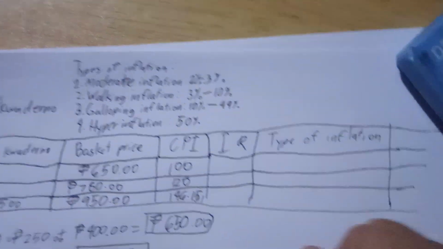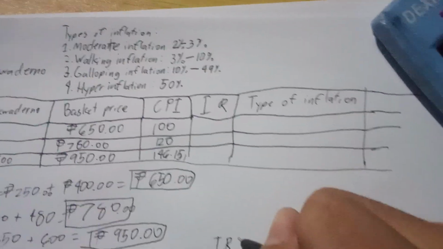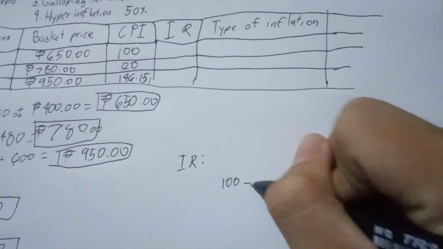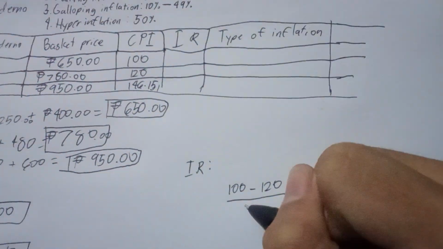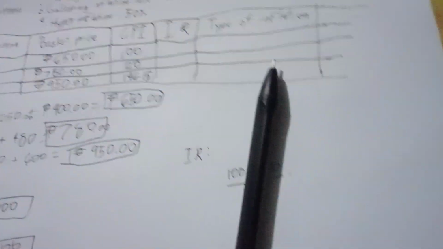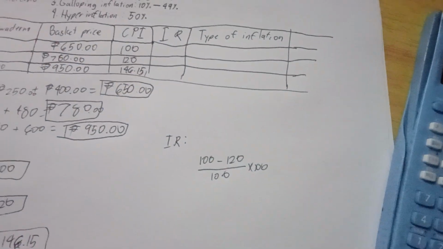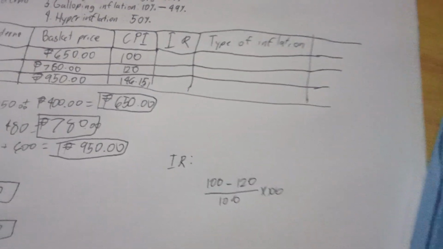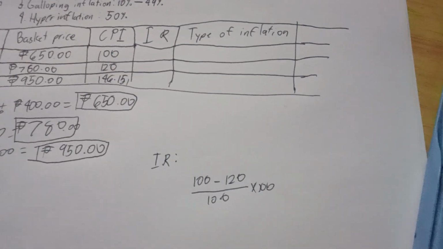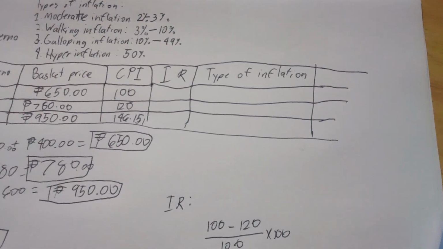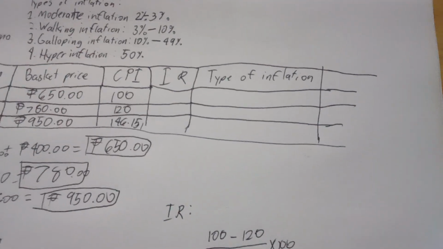To get our inflation rate is kind of different, but we use our CPI. So it's 120 minus 100 divided by 100 times 100. So 120 minus 100 is 20. 20 divided by 100 is 0.2, times 100 is 20%.